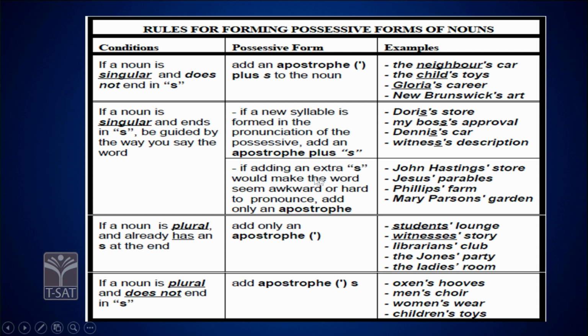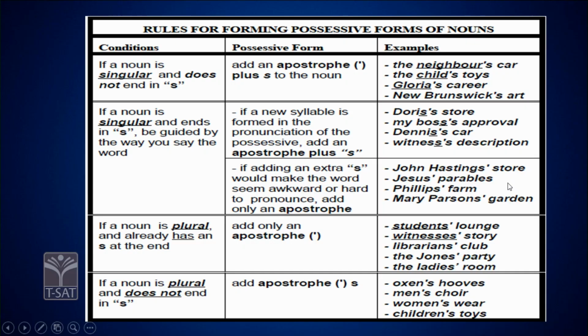If adding an extra s would make the word seem awkward or hard to pronounce, add only an apostrophe. Ending with s, if you add apostrophe plus s and the pronunciation is going to be a little bit odd, then we have to add only an apostrophe. John Hastings' store. It is not John Hastings's store.